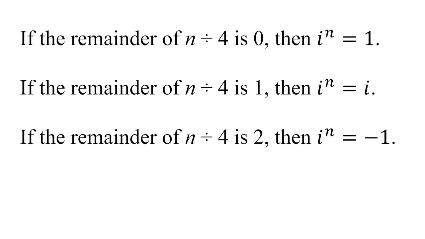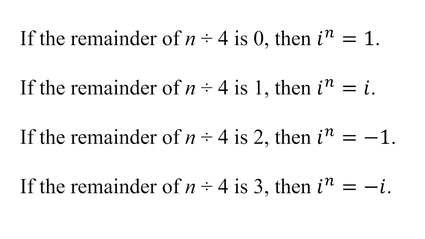If the remainder of n divided by 4 is 2, then i to the nth power is -1. And if the remainder of n divided by 4 is 3, then i to the nth power is -i. So when you raise i to a power, you will either get 1, i, -1, or -i.